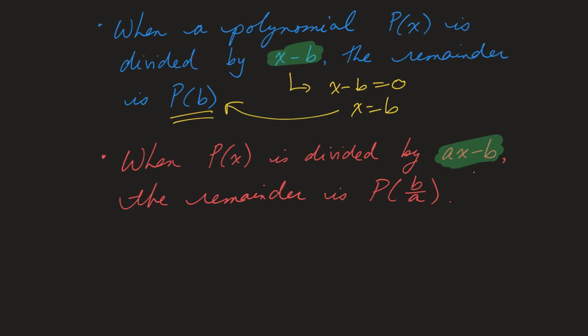Well, the same thing would be true here. What we're looking at is my divisor of ax minus b, I want that to equal 0. And so when I isolate for x, then I can see that, oh, so now I just have to sub a fraction back into p.